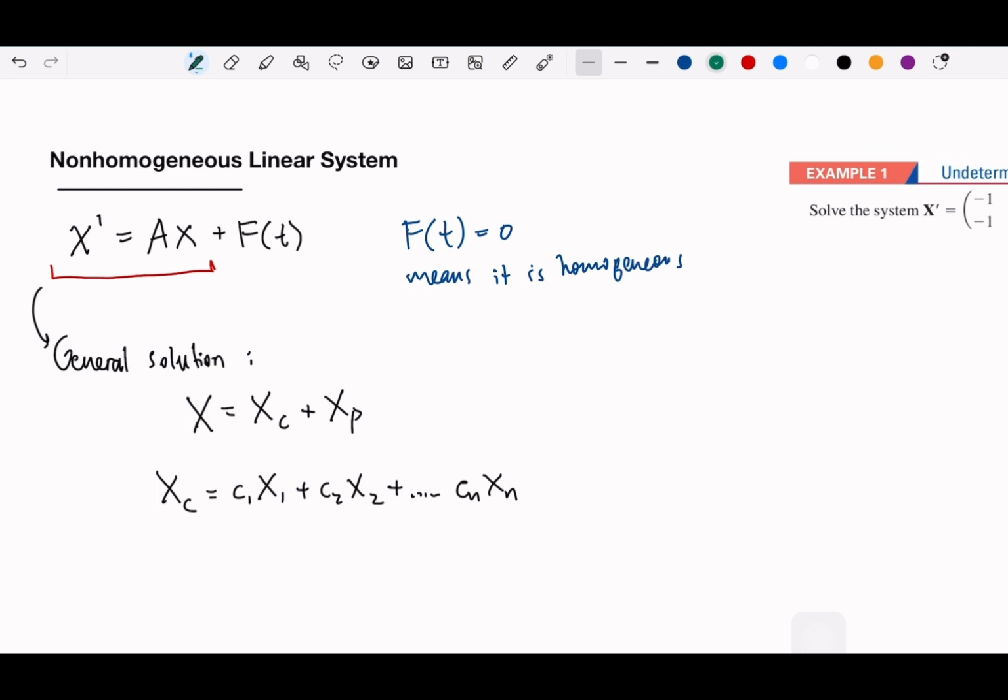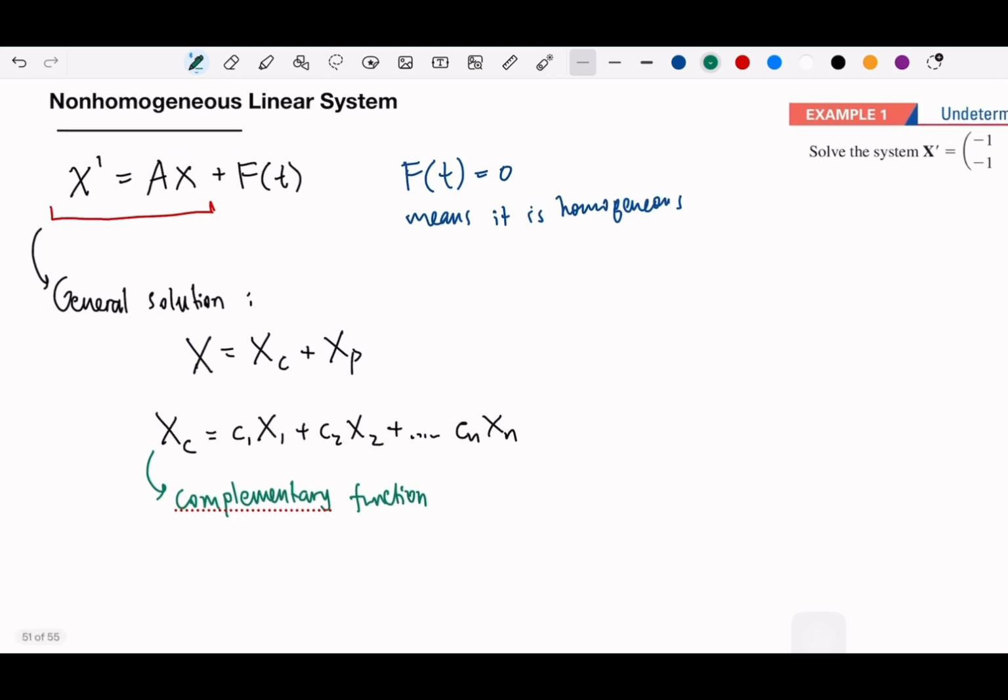We also call this the complementary function, which is the solution for the homogeneous system.